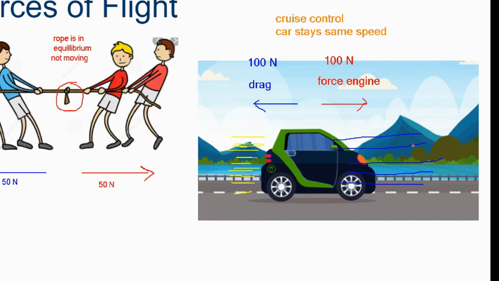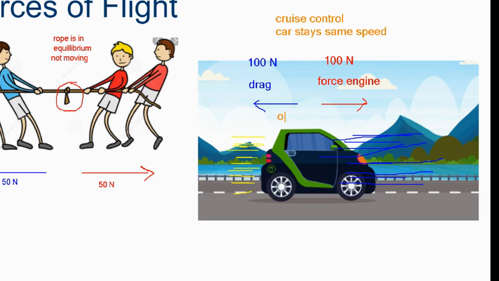The car is experiencing this drag force, and we, as the car's operator, or the cruise control, apply just enough force to make sure that the overall resultant force is 0. So the car is actually in equilibrium.